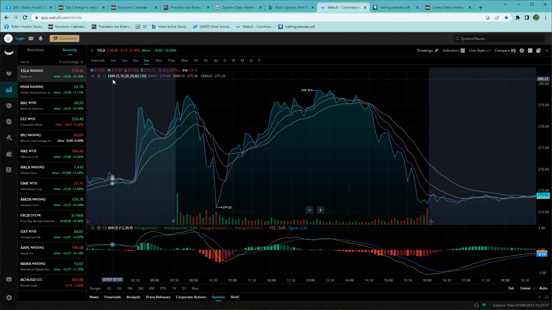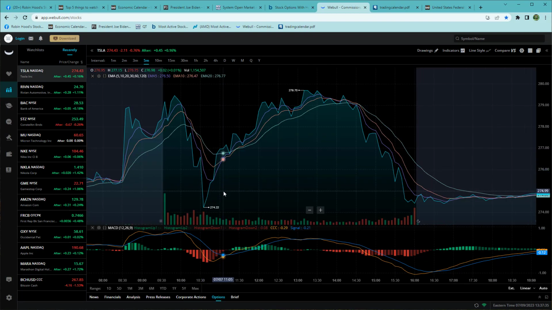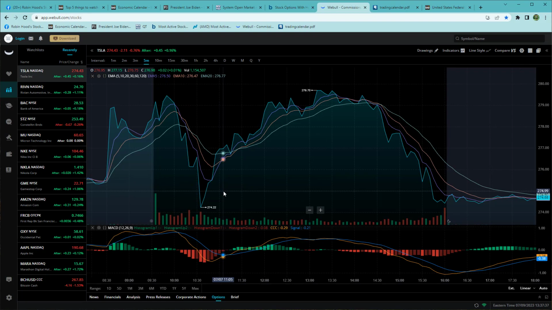But indicators, there are so many different ones, but I use EMA, or exponential moving average, because it's more reactive to price changes. Especially if you're scalping or day trading, you want a more reactive moving average. That way you can take advantage of what's going on before it's too late and you're losing out on certain movements.